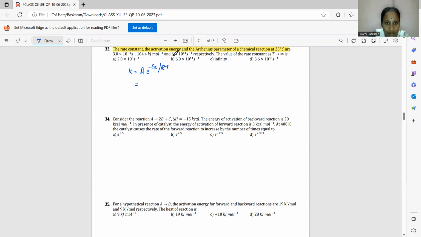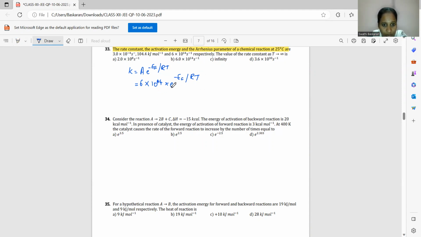So now we are going to substitute the value of A. So when you are substituting the value of A, it will become 6 into 10 power 14 into e to the power minus Ea by RT. Okay. Now what will happen basically? So they are telling that T is infinity. So when T is infinity, this whole term will become equal to what? 1.